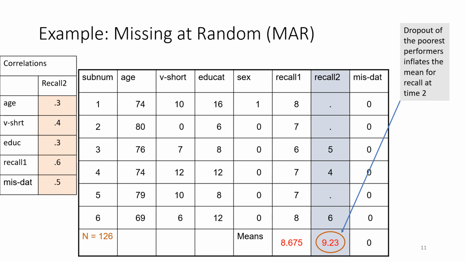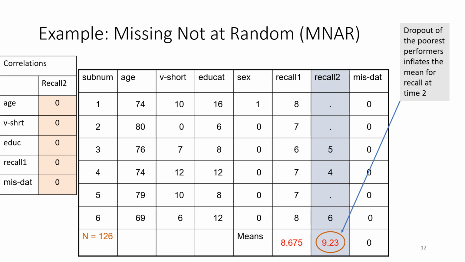All of these variables correlate with the variable that has the missing data, and that implies that we can estimate the missing scores. Because we can estimate the missing scores, we can get rid of much of the bias that exists, and this is known as missing at random.